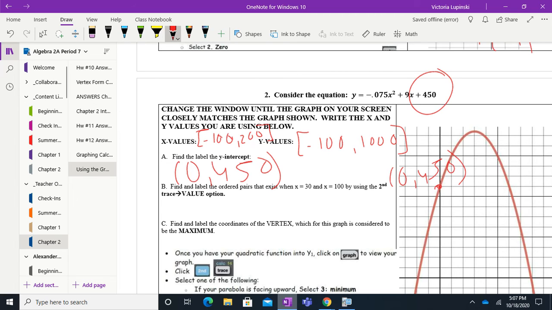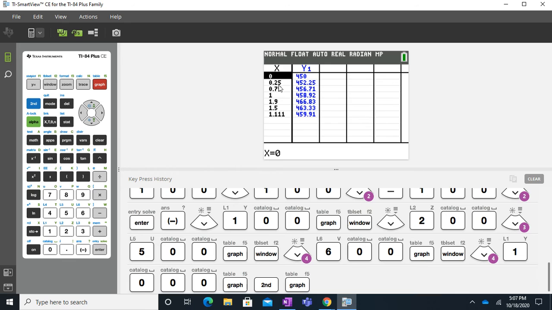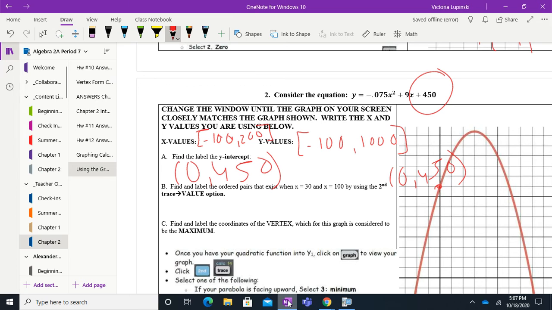And again, as a reminder, if you want to find that point on the graphing calculator, you can either do second graph, which brings up your table. And then if you go to 0, you'll see 450. Or you can use the value keys, which is what we're going to do to find the values at 30 and 100. Obviously, you can see why scrolling through your table for those values would be kind of a waste of time. It would take you a while.